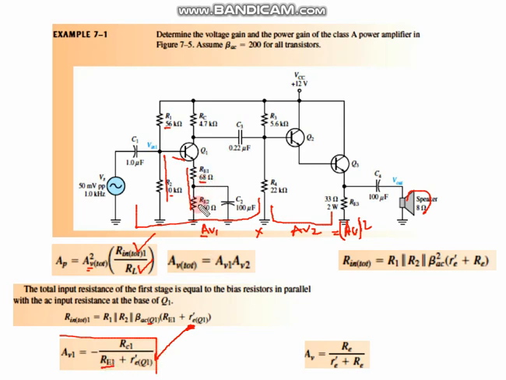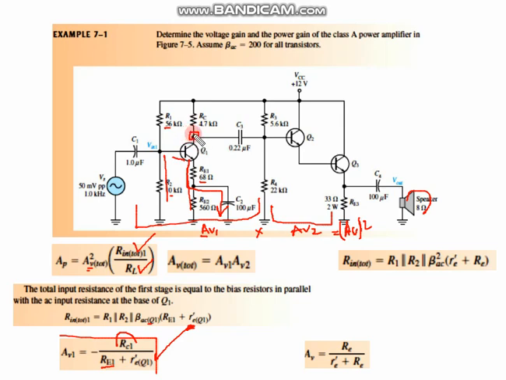Remember, if there is no swamping resistor like this one, there is no need of this RE1. But if there is a swamping resistor, the AC current finds this way, through RC. That's why RE1 is the effective resistance in the emitter branch. The only thing unknown is RC1. Remember, RC1 will be the effective collector resistance at this point.